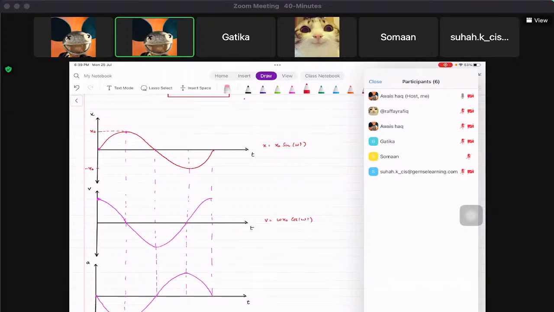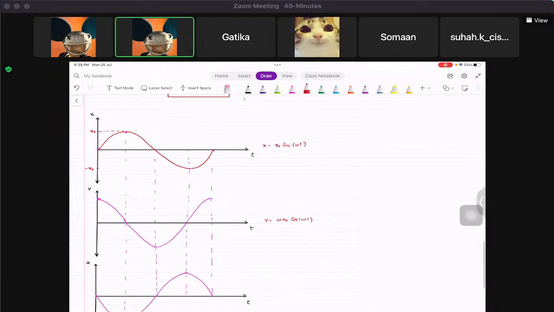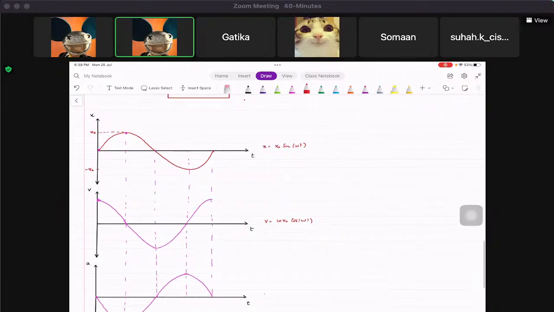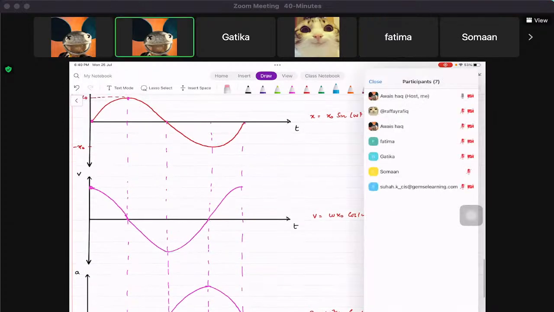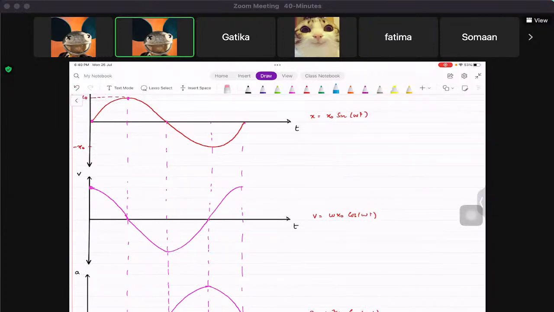Okay, so the acceleration's equation was a equals minus omega square x naught sine of omega t. Now let's check this out. Let's take an example of a pendulum. When you're looking at a pendulum, this is its equilibrium position, and the two maximum positions could be either here or here.